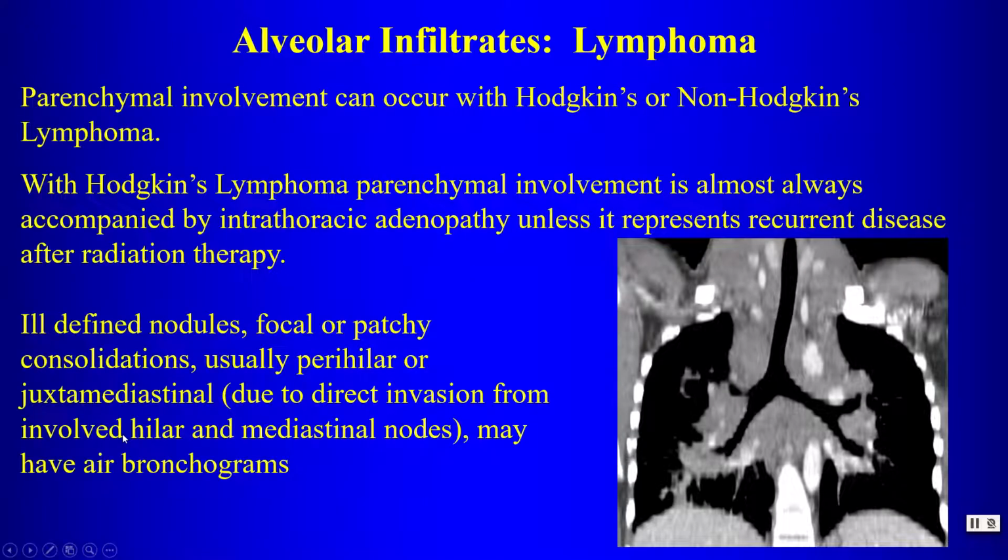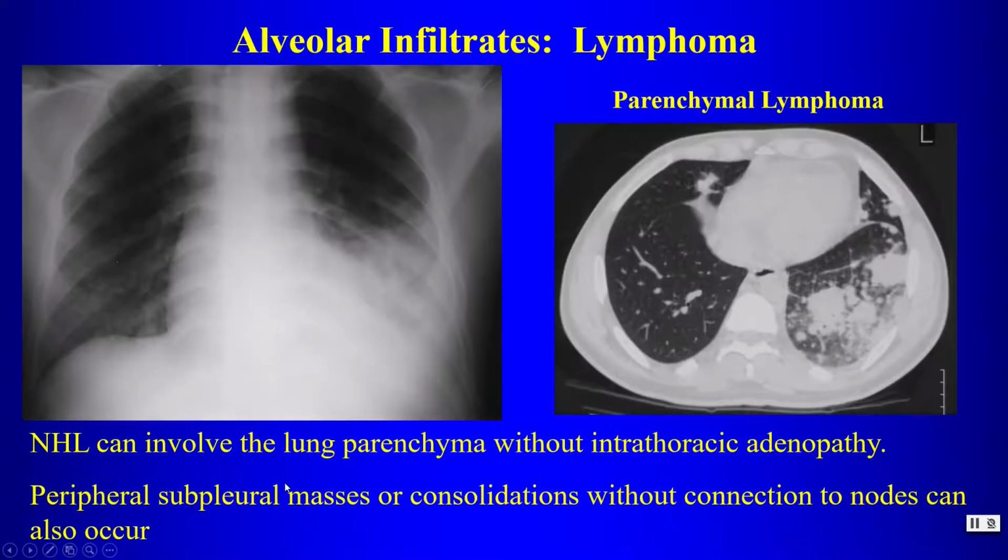Parenchymal involvement with lymphoma can occur with Hodgkin's or non-Hodgkin's. With Hodgkin's, the parenchymal involvement is almost always accompanied by lymphadenopathy, unless it's recurrent disease. And often the parenchymal involvement spreads out from the adjacent nodes, direct invasion from the nodes into the adjacent lung parenchyma. So air bronchograms can be seen with that.